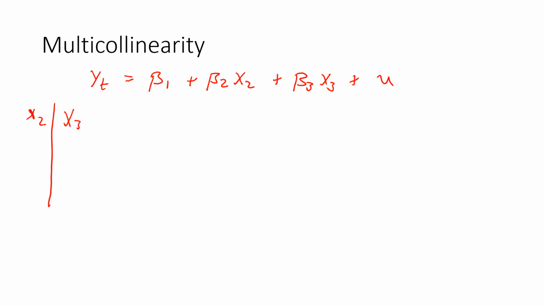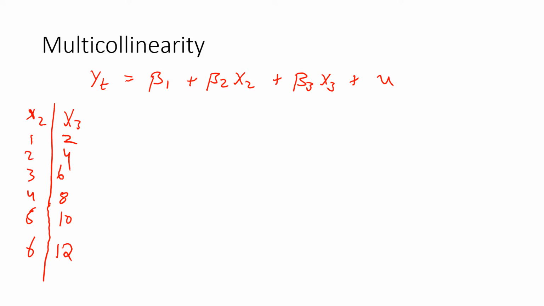x2 has the values 1, 2, 3, 4, 5 and 6, whereas the values of x3 are 2, 4, 6, 8, 10 and 12.